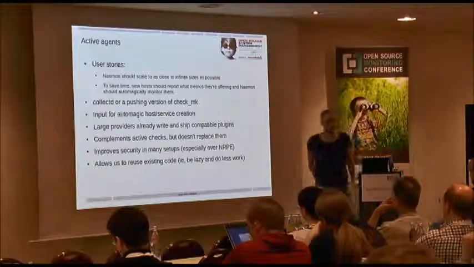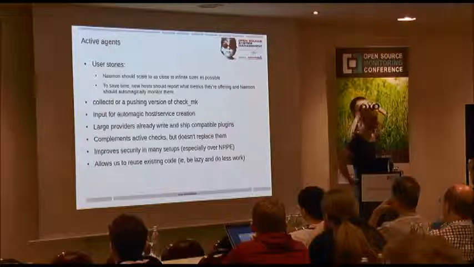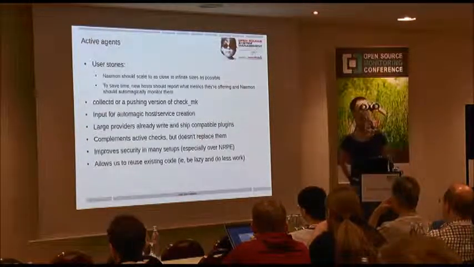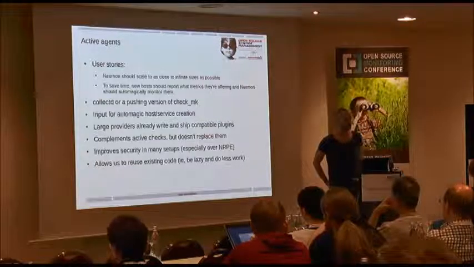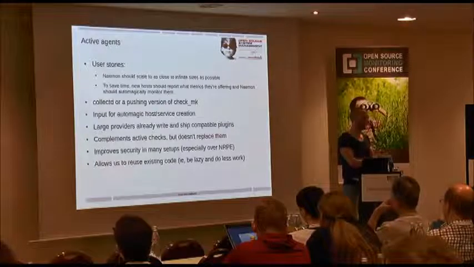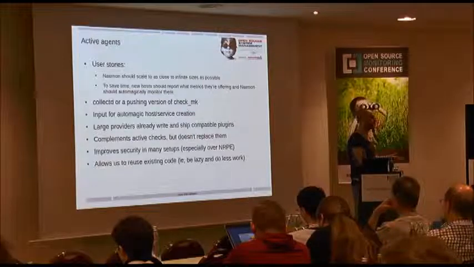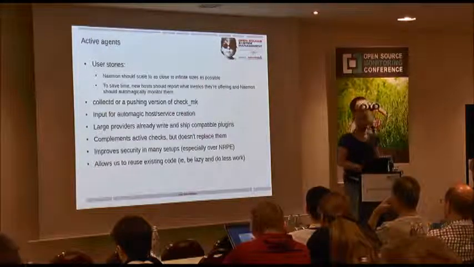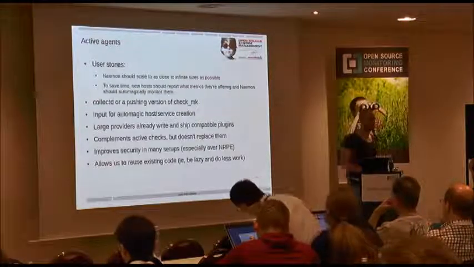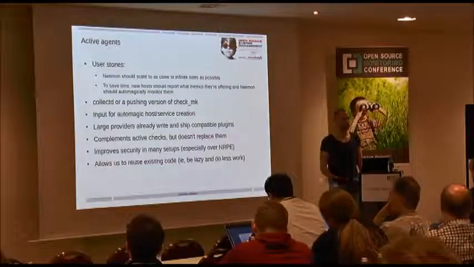A really good benefit about this is that large providers already write and ship compatible plugins. In the case of checkmk, it basically just runs a lot of shell scripts, a lot of shell commands that give you information about the system. So it runs something like df or tails out the /proc/meminfo file, it gets you all the raw output normally, and then you have something on the receiving end that parses it and does something sensible with it.